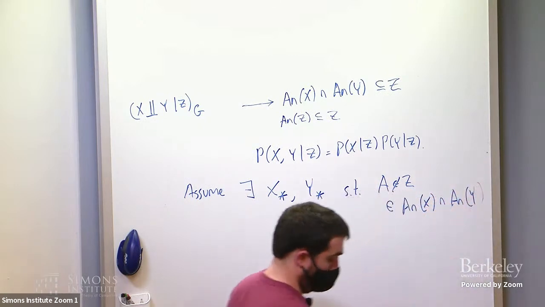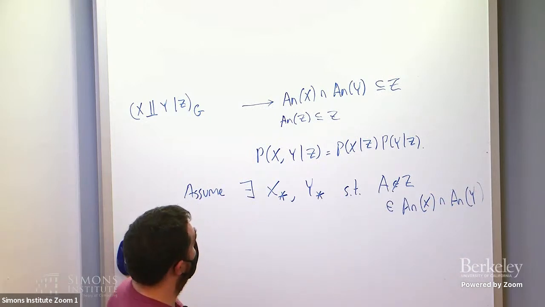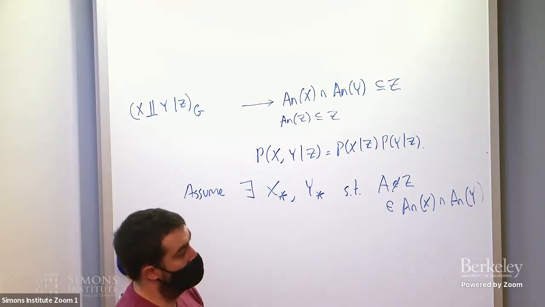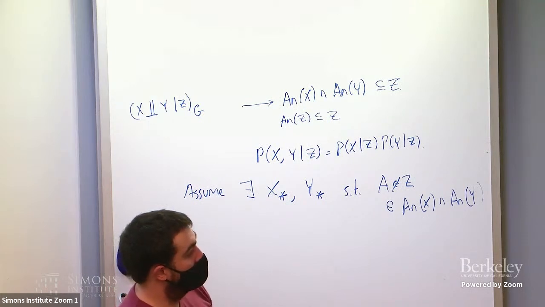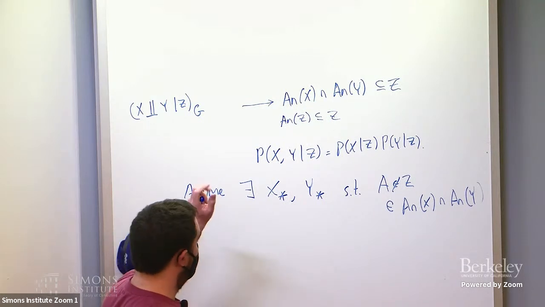So just for clarity, so ancestor of X intersection ancestor of Y is in the completed graph at the end of it. Yes. Sorry. Not in the original graph.